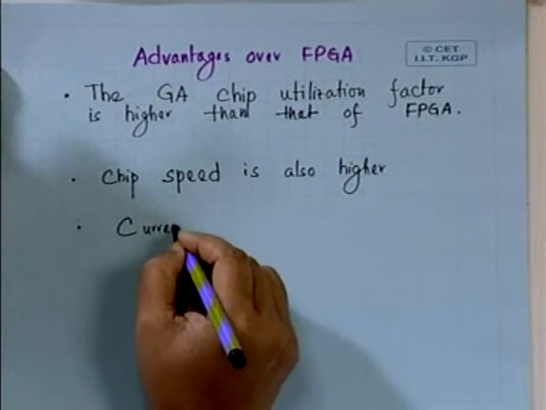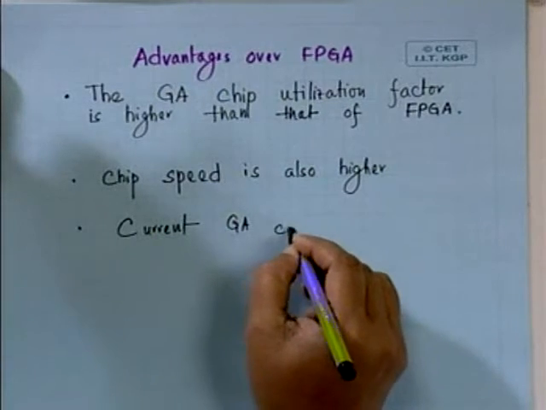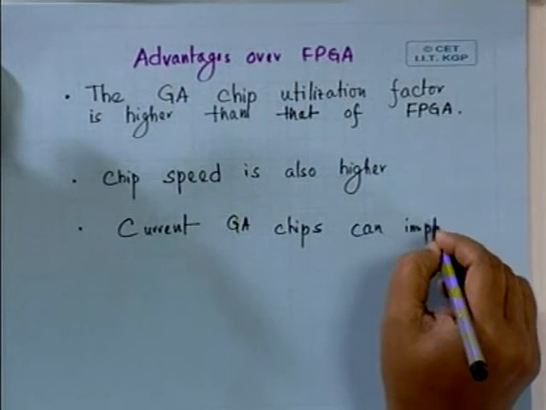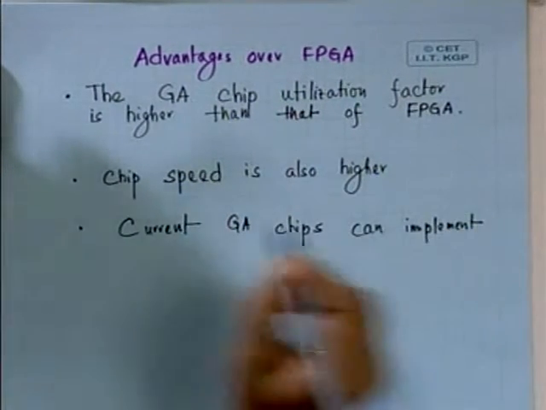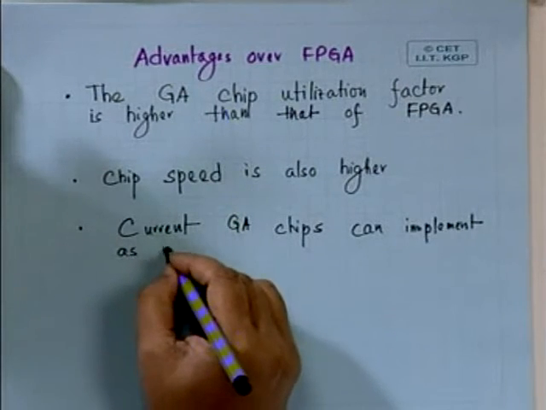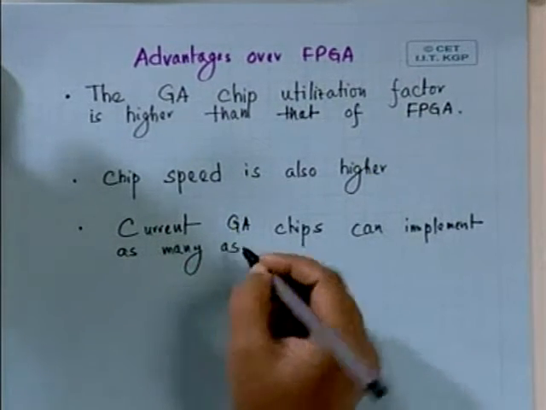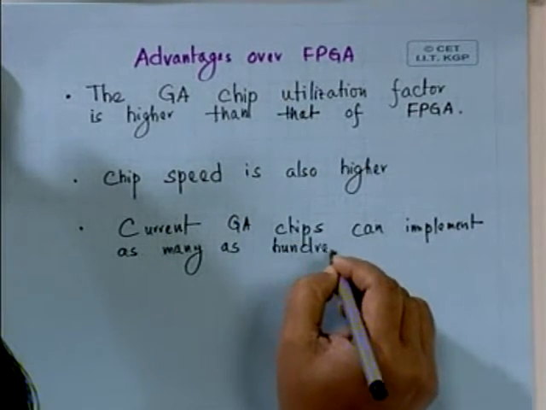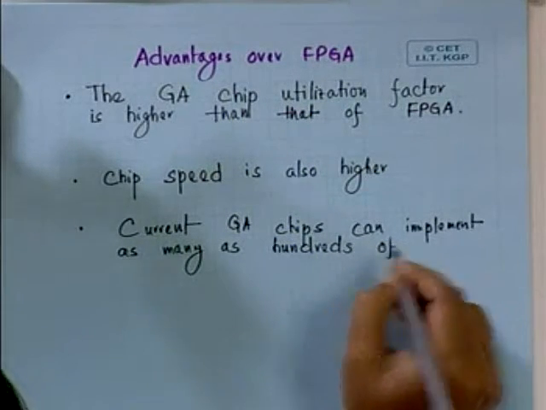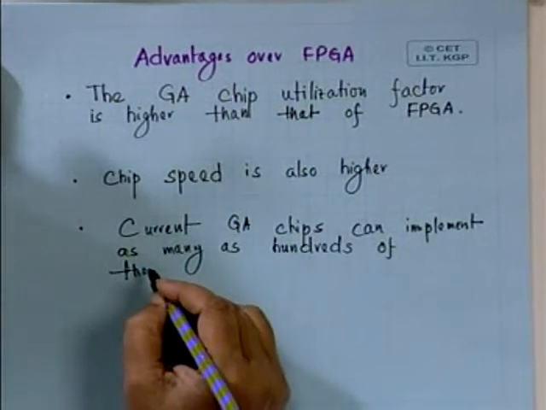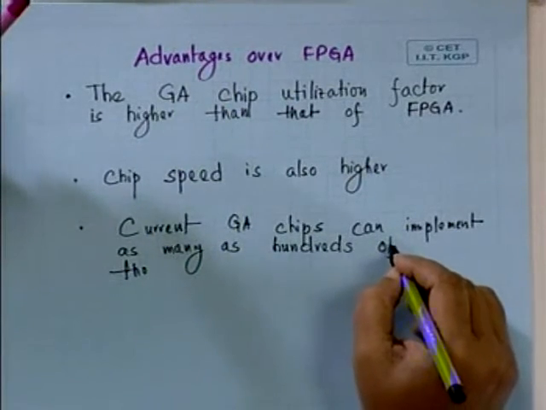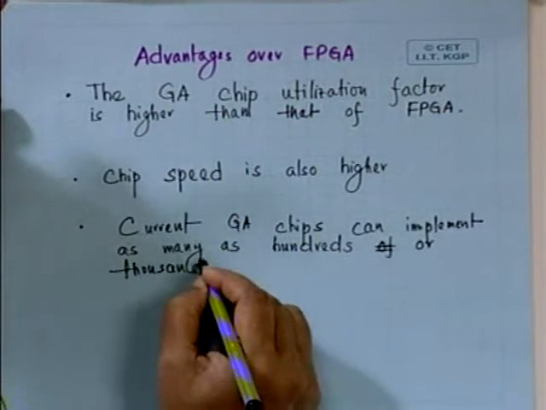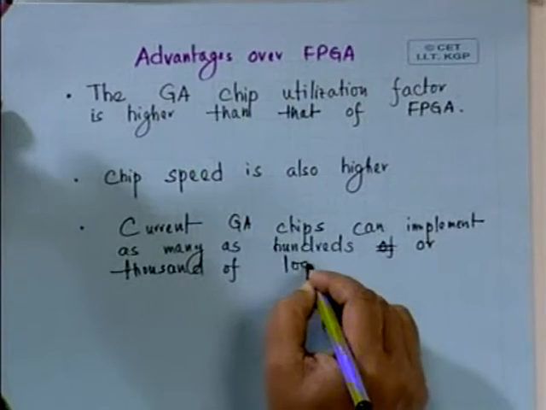Current gate array chips, the GA chips, can implement hundreds of thousands, or thousands, of logic gates.